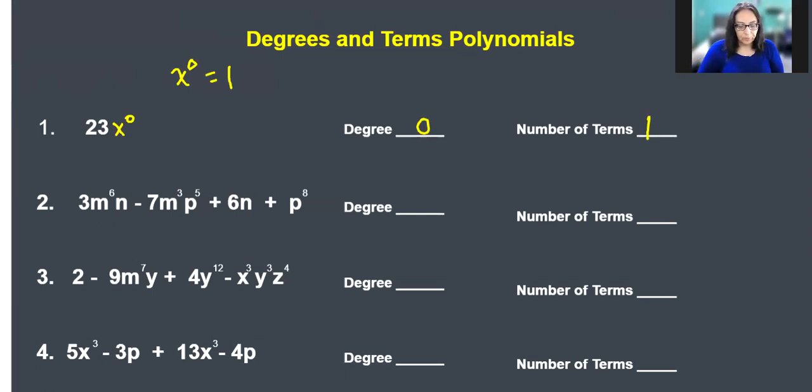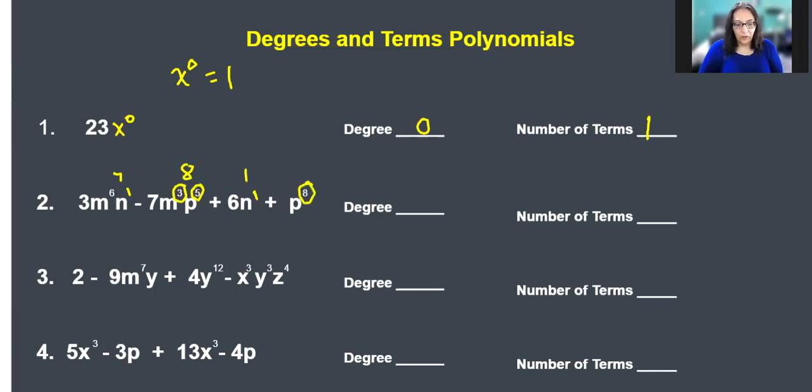The next one, if we look here, we've got more than 1 letter. So what does that mean? That means in each term, you have to add the exponents that go with that letter. So I've got a 6, and that's n to the 1, so that's a total of 7. Here I've got 3 plus 5, that's 8. This is just n to the 1, and this is an 8.